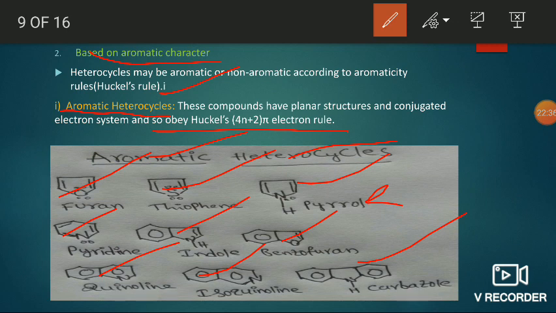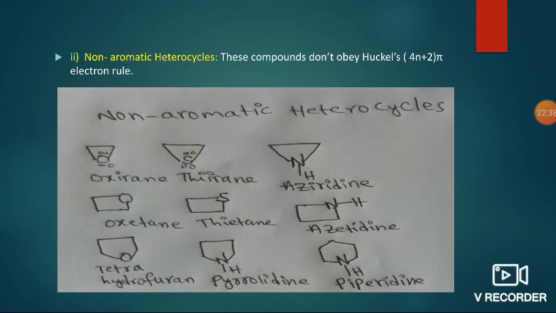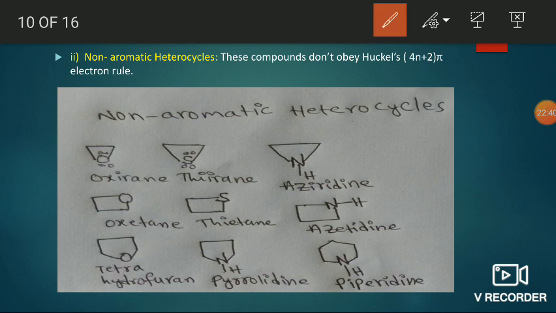Okay, fine. Next, the second one is non-aromatic heterocycles. They don't show aromaticity or have aromatic character. Though they may contain some planarity, they don't obey Huckel's 4n+2 pi electron rule.